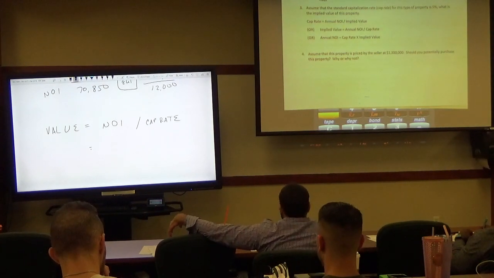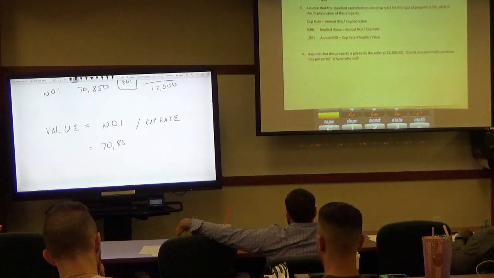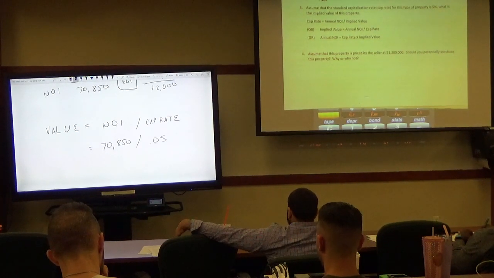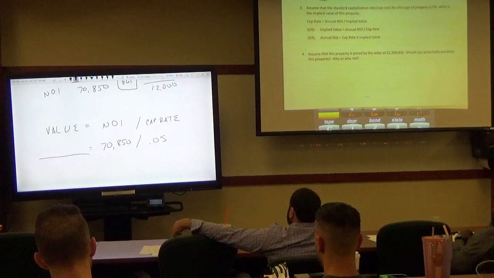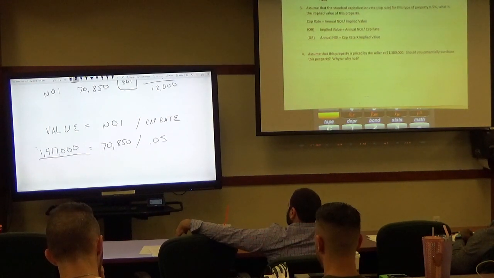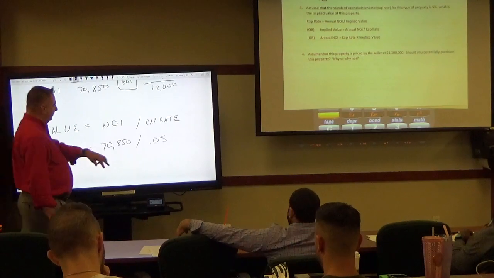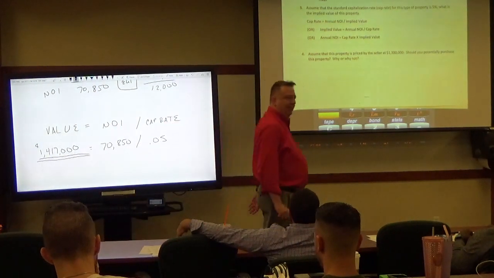Well, if our NOI is $70,850, and we've been told our cap rate is 5%, then the implied value of this property is $1,417,460.